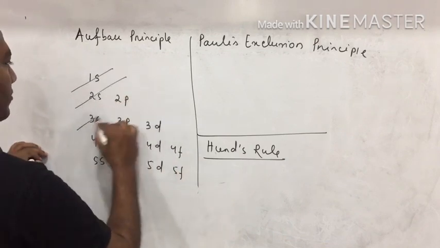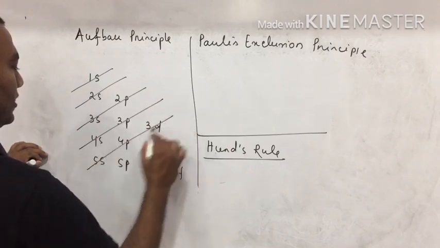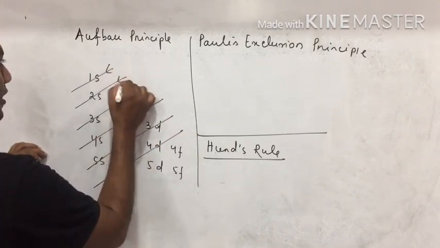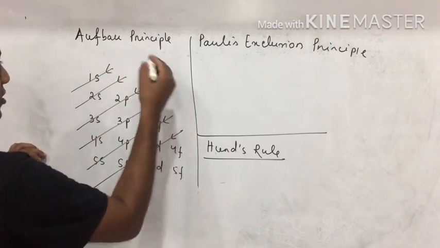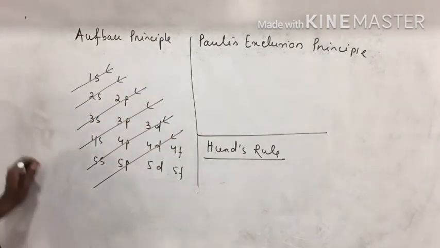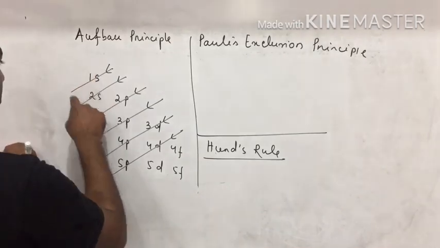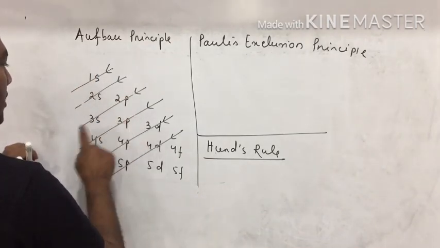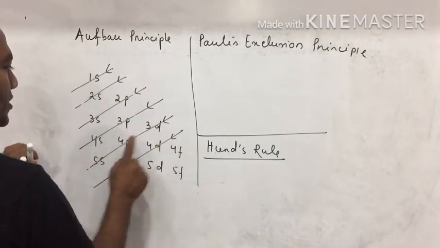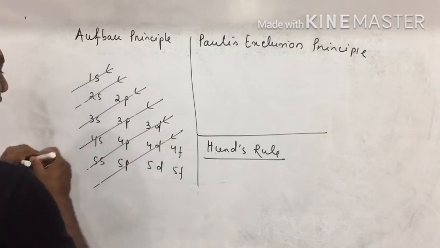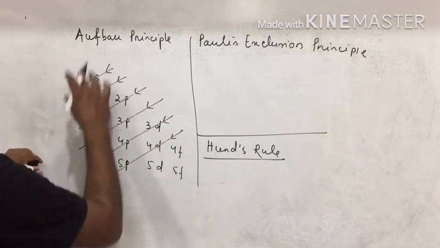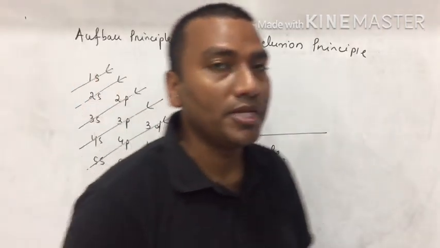Always you will do like this. Then you can easily check which orbital or subshell will come after which. So 1s, 2s, 2p, 3s, 3p, 4s, 3d, 4p, 5s, 4d, 5p, 6s, like this it will come. Clear now? So this is called the Aufbau principle.